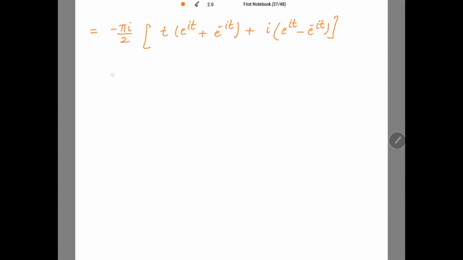Which is further equal to, now we need e to the power iota t plus e to the power minus iota t over 2.